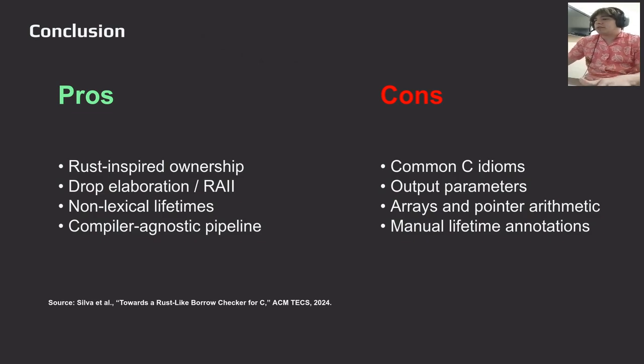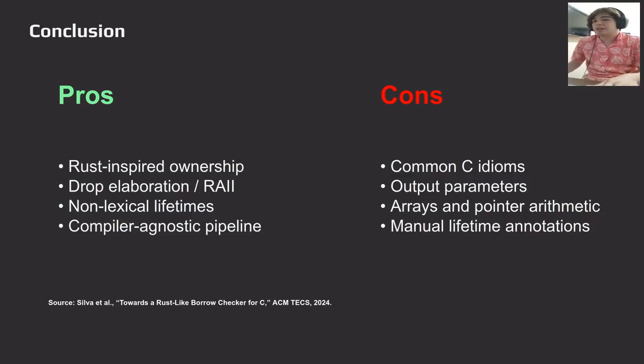It does RAII and basically has a borrow checker within C, which is kind of unheard of. And when it comes to non-lexical lifetimes, that's just referring to the algorithm that it does. In Rust, it does non-lexical lifetimes for borrow checking, which is the algorithm for borrow checking.